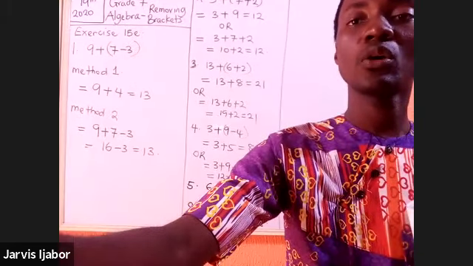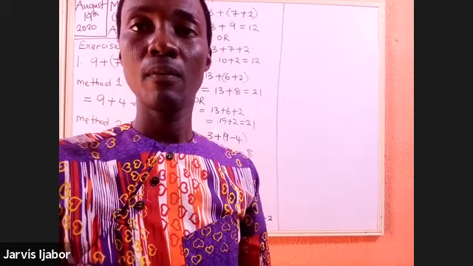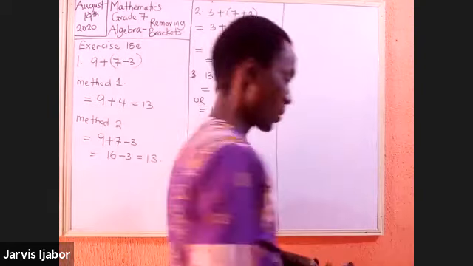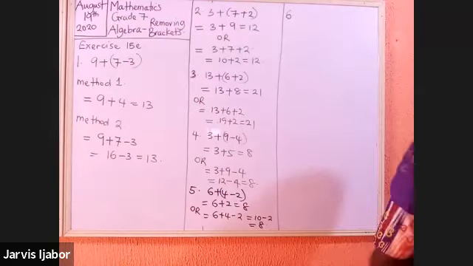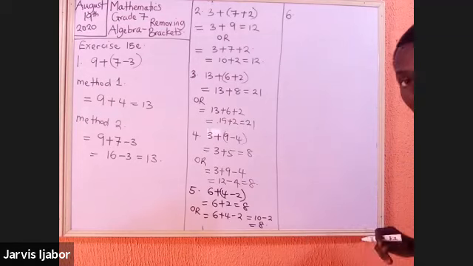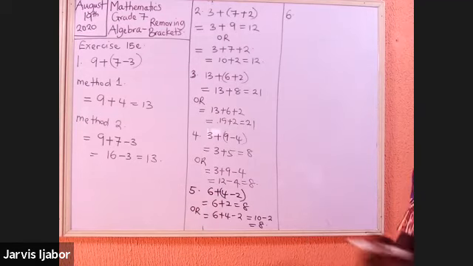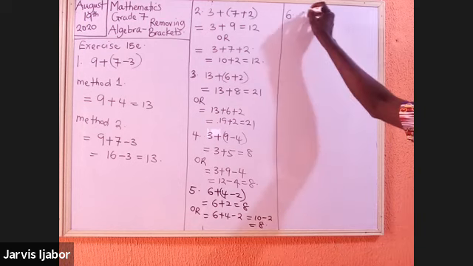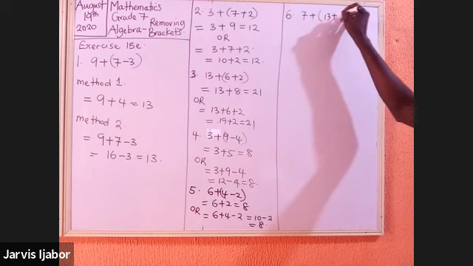Okay, please just hold on 1 minute. All right, so that's for question 5. Let's go to question 6. In question 6, what do we have? We have 7 plus, bracket, 13 plus 9.